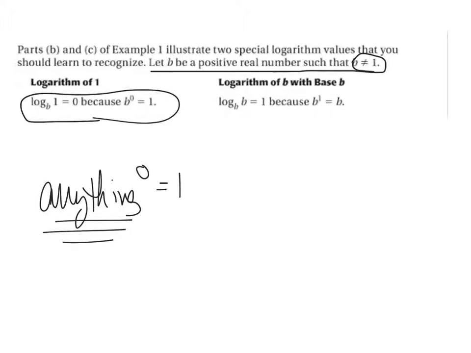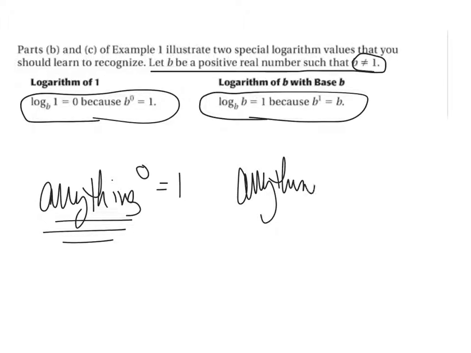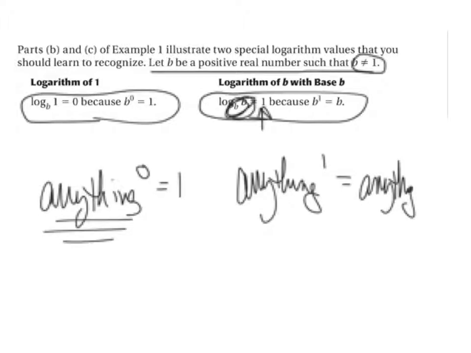And the logarithm of b with base b, log base b of b equals 1, because anything raised to the first power equals the same thing. So when these two match, my answer holds.